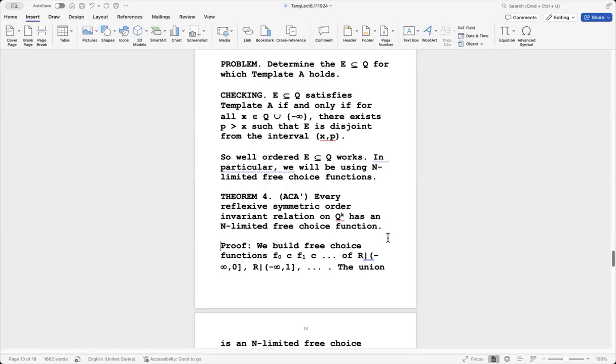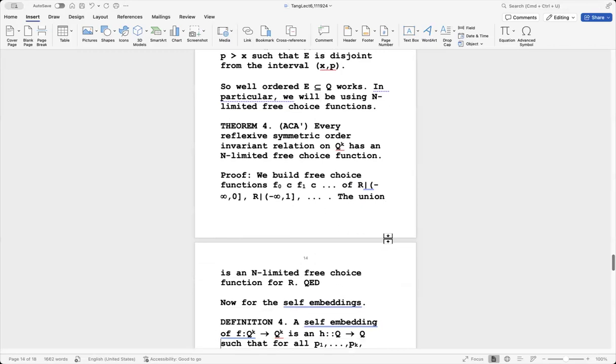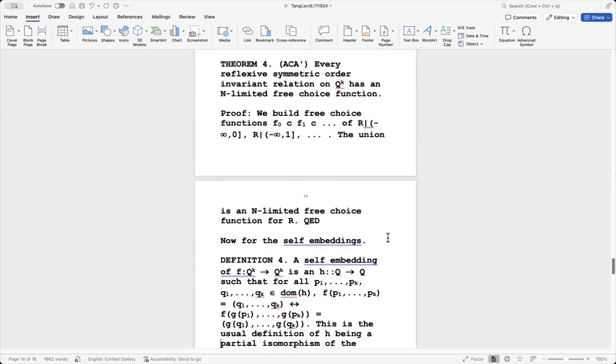And for this, we build a tower of free choice functions for restrictions of R.